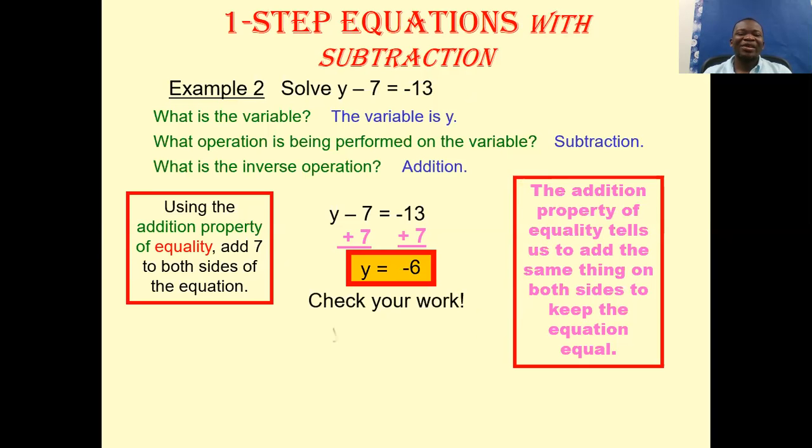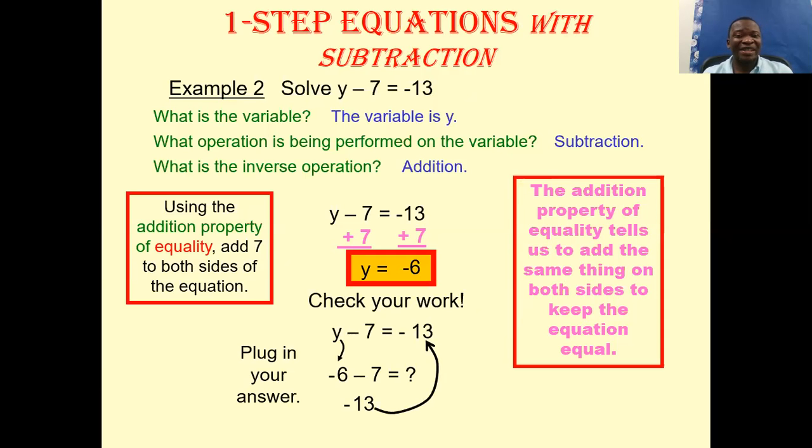You plug in your answer, y equals -6, -6 minus 7 is -13. So the left-hand side equals the right-hand side, which shows that our equation is balanced. Very, very simple. Let's take some more examples.